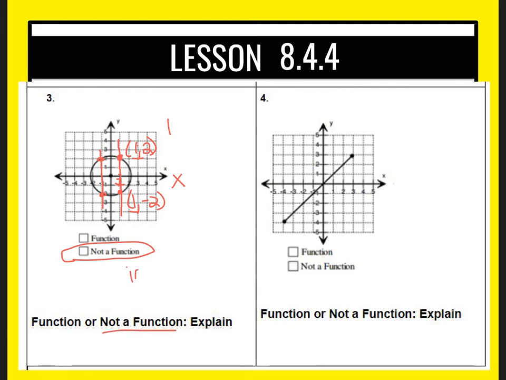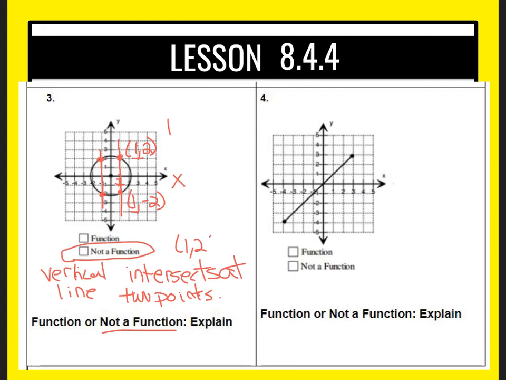Why? When I'm looking at a graph and you do your vertical line test, your vertical line intersects at 2 points. And you can see that at 1, and I already showed you the 2 points, 1, 2, and 1, -2.